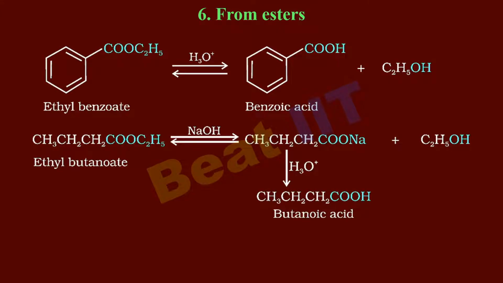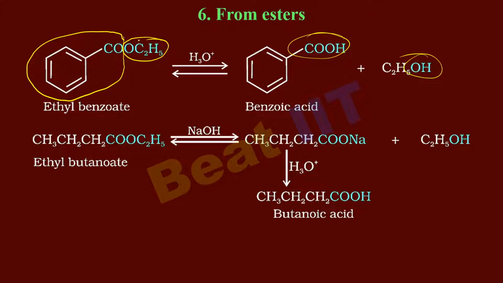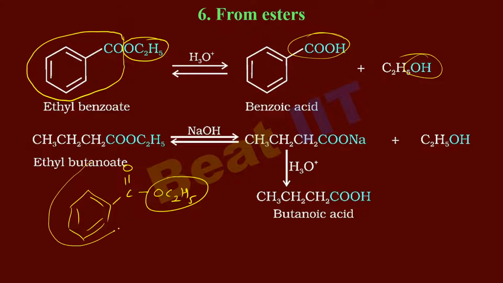When an ester is hydrolyzed, you get acid and alcohol. Remember, in esters you have two parts. One part is this one and another part is this one. If you draw the structure, it will be C double bond O this side and it will be OC2H5. So this part is different, this part is different.